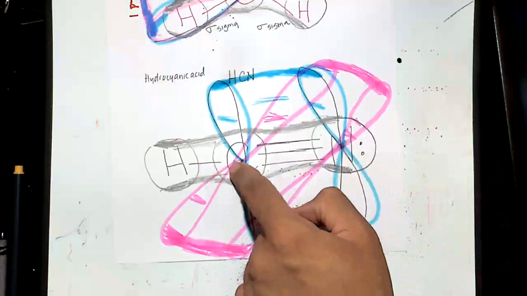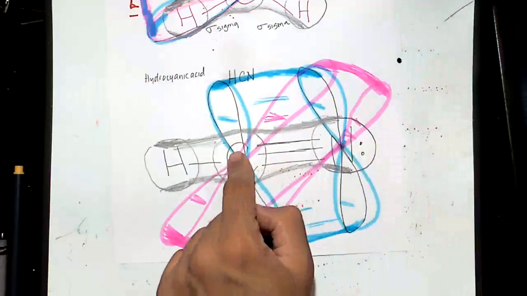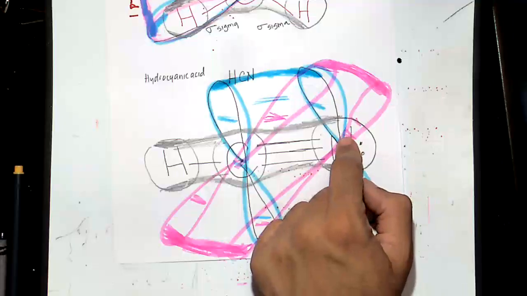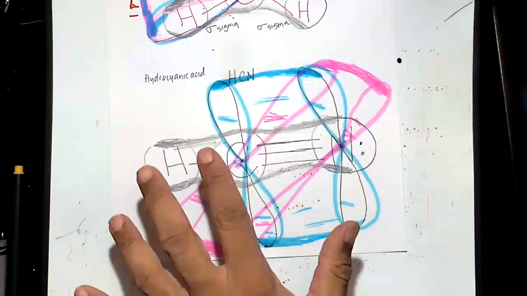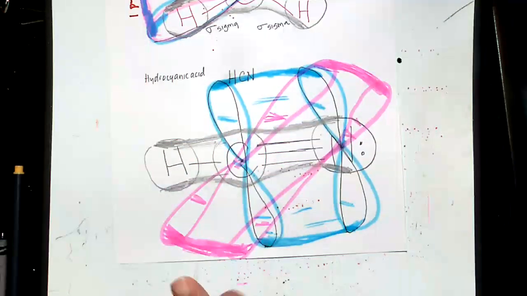So pink is 1 p orbital from carbon, another pink is a p orbital from nitrogen, blue is a p orbital from carbon, blue is a p orbital from nitrogen. The pinks and the blue overlap, they're perpendicular to one another, and then the s orbital, known as sigma, is the s orbital overlap. All right, are there any questions on this?